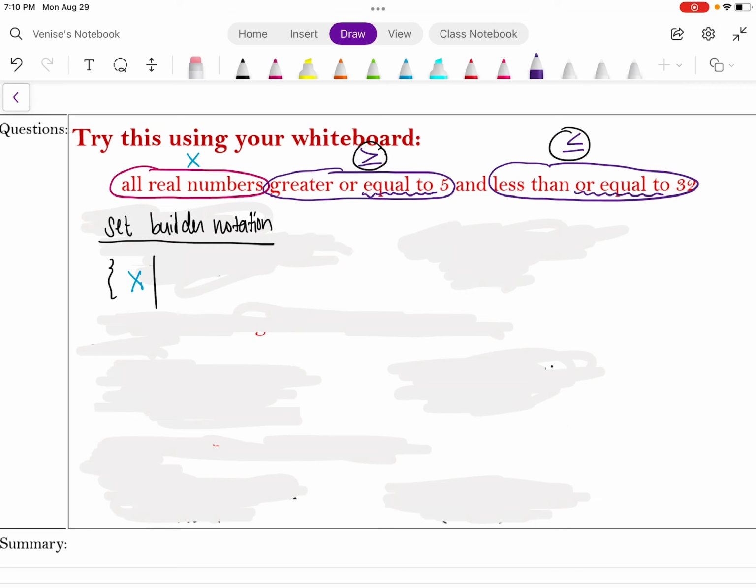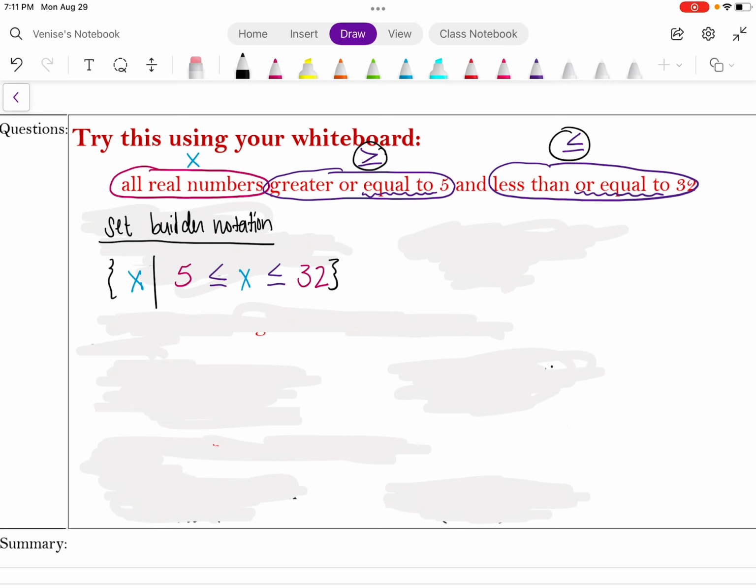So when you're making this one, make sure both are less than or equal to. Not like this. Not like that. They both must be pointing the same side, which is to the left. So we're starting out with a smaller number, which is 5. And our greatest number is 32, so it should be on the right side. And in the middle is your variable.